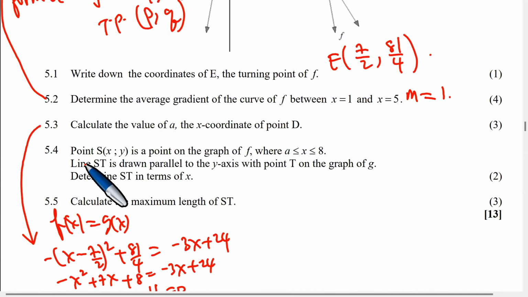Right, so point S is a point on the graph of f where x lies between A and 8.